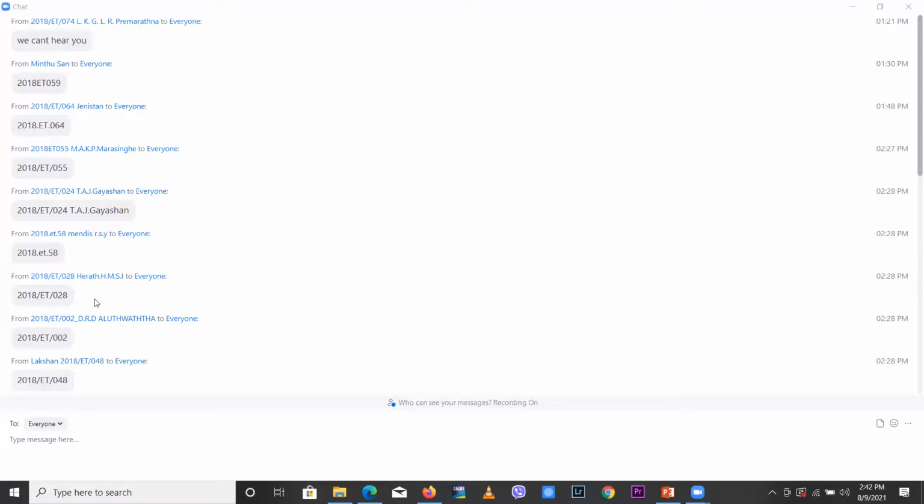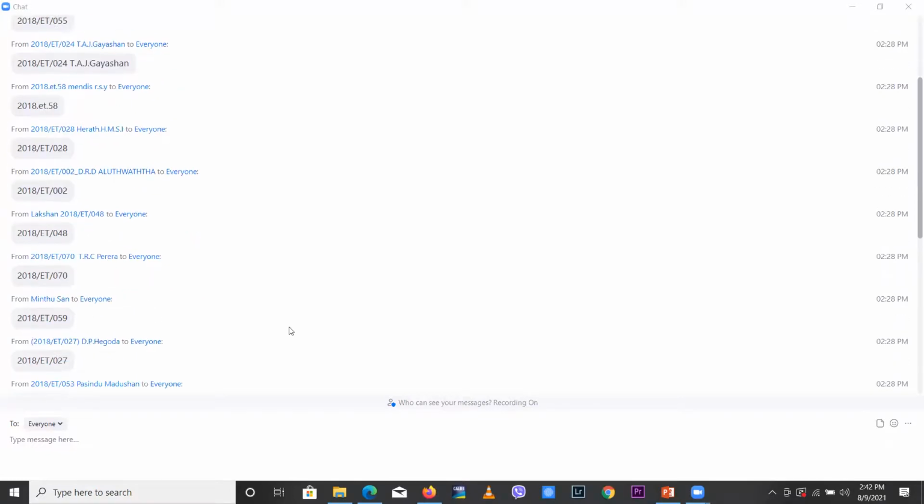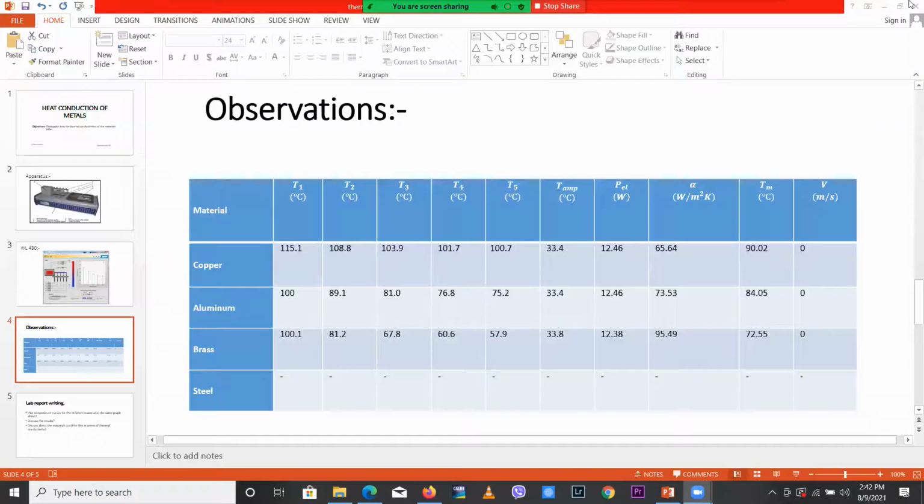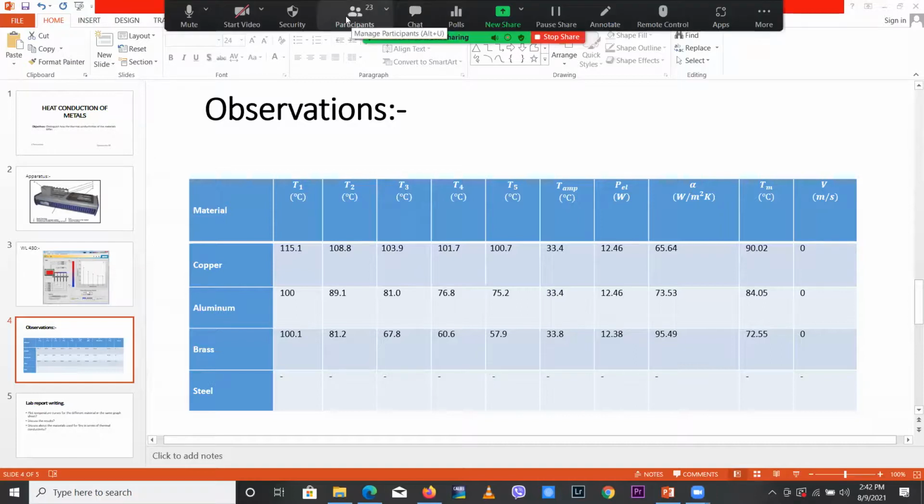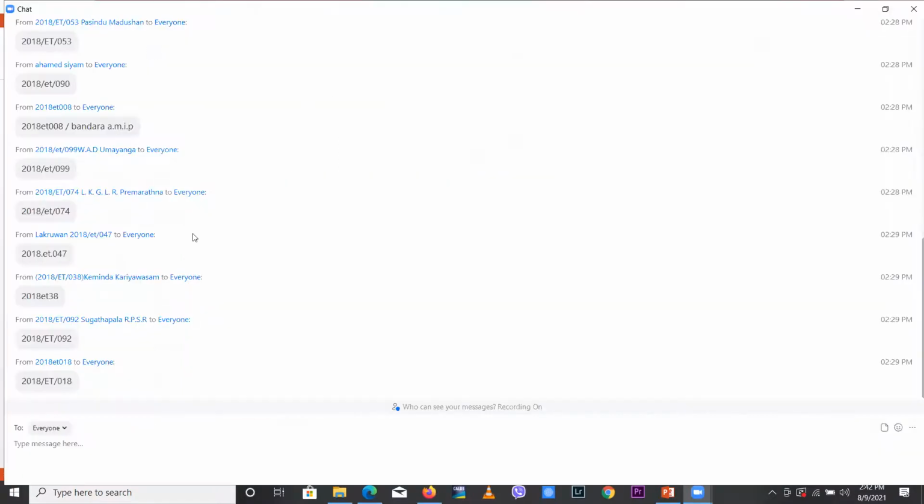If you lose these marks, it is difficult to pass and get out of this semester. 23 people, 1, 2, 3, 4, 5, 6, 7, 8. Only those who haven't written the index number, please write it in the chat box. 2 people did not write it down.